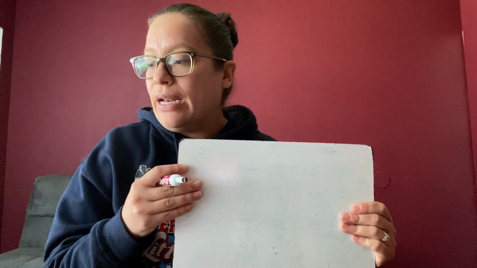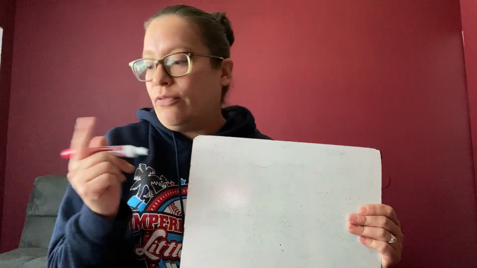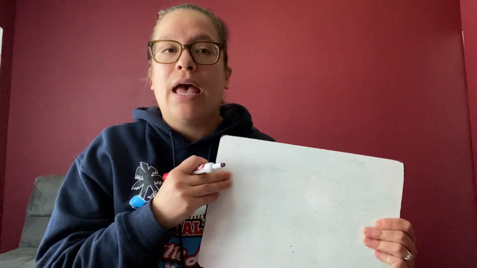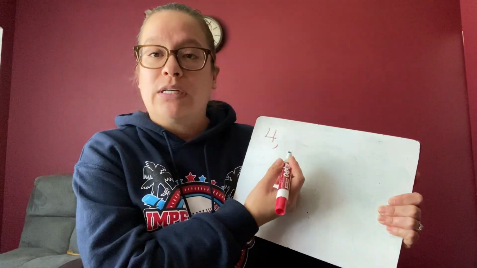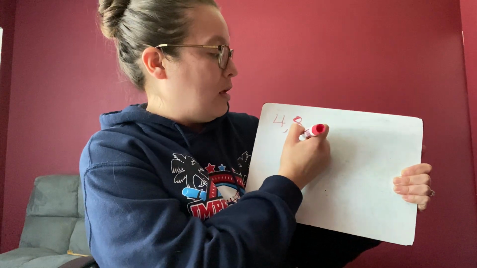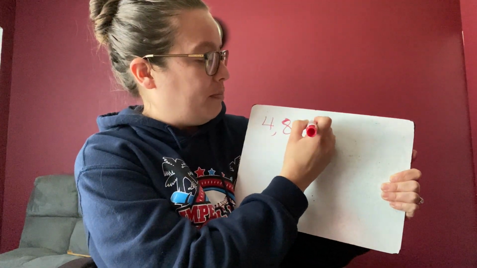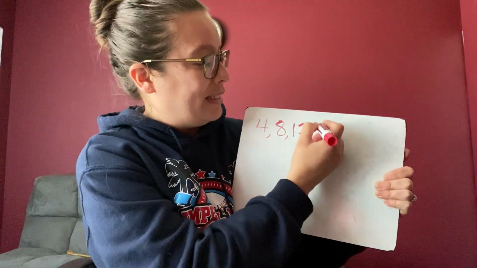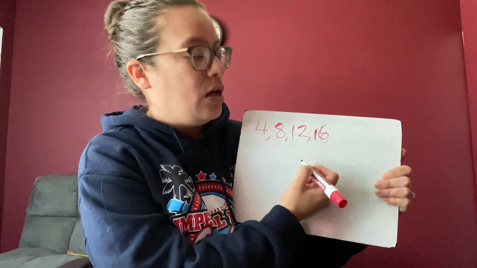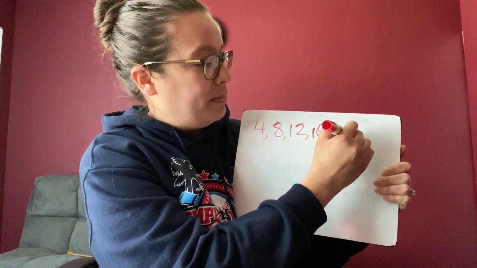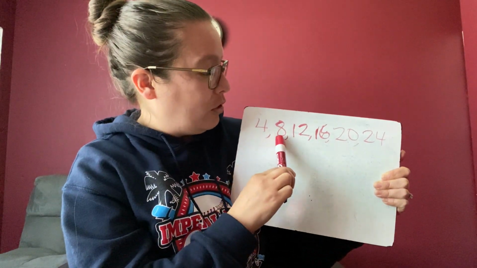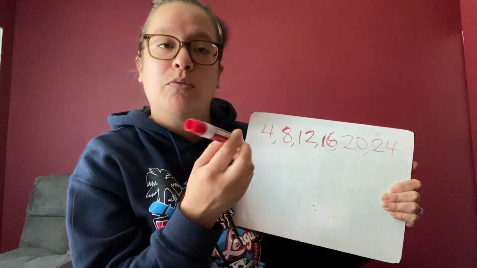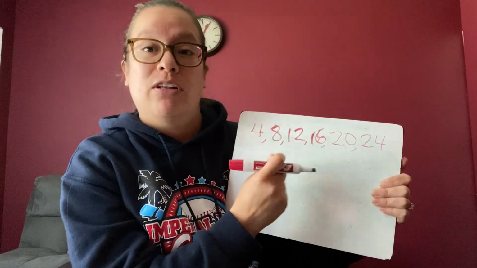So for example, let's use the number 4, like in our book, okay? 4 times 1 is 4, right? 4 times 2 is 8. 4 times 3 is 12. 4 times 4 is 16. 4 times 5 is 20. 4 times 6 is 24. So all of these, boys and girls, are the multiples. The multiples are the numbers that when you multiply it by 1, 2, 3, 4, 5, that's what you get.